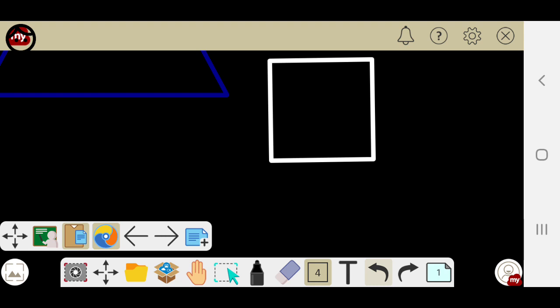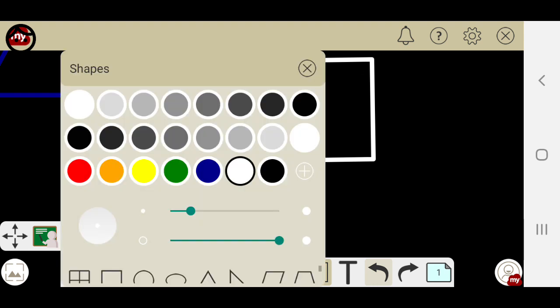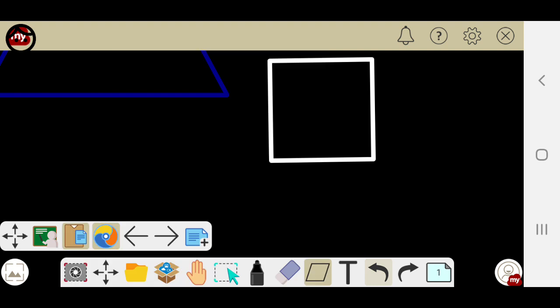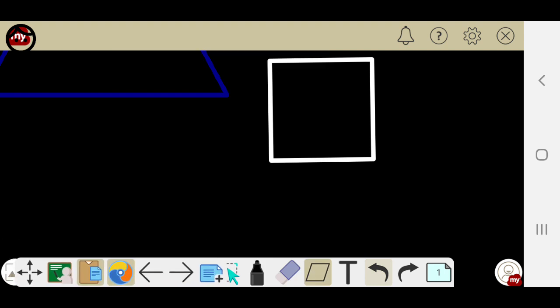A four-sided polygon, a square. Okay. A four-sided polygon, rhombus.